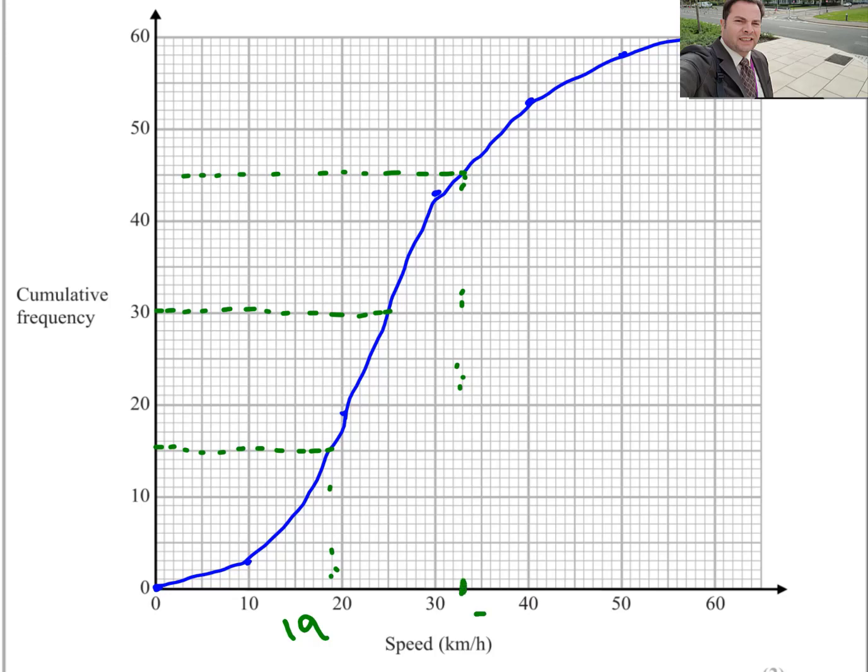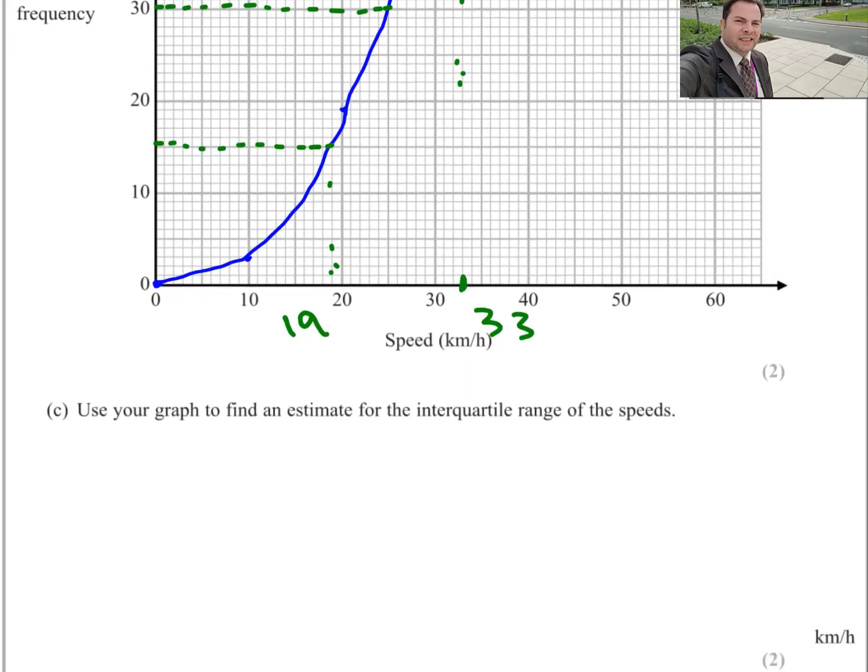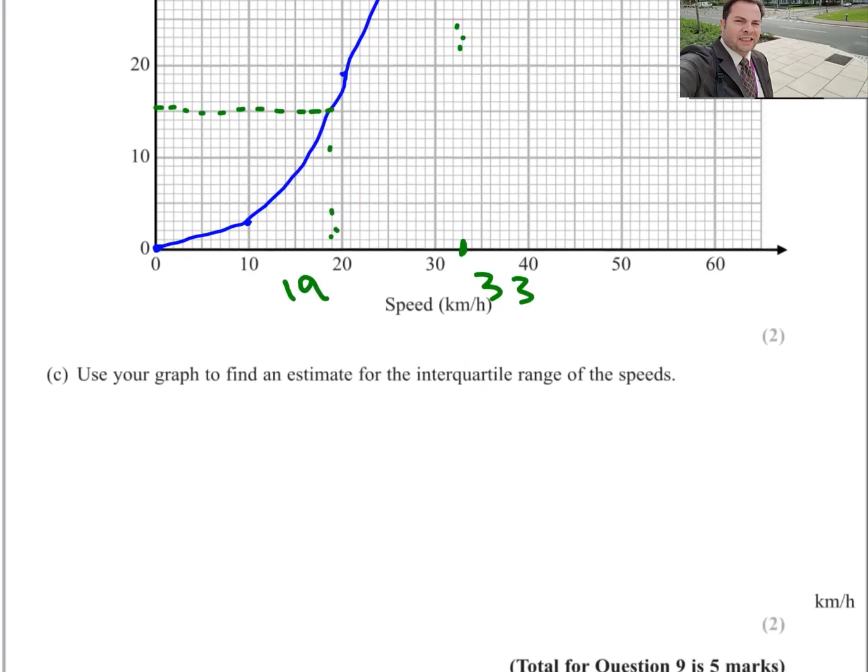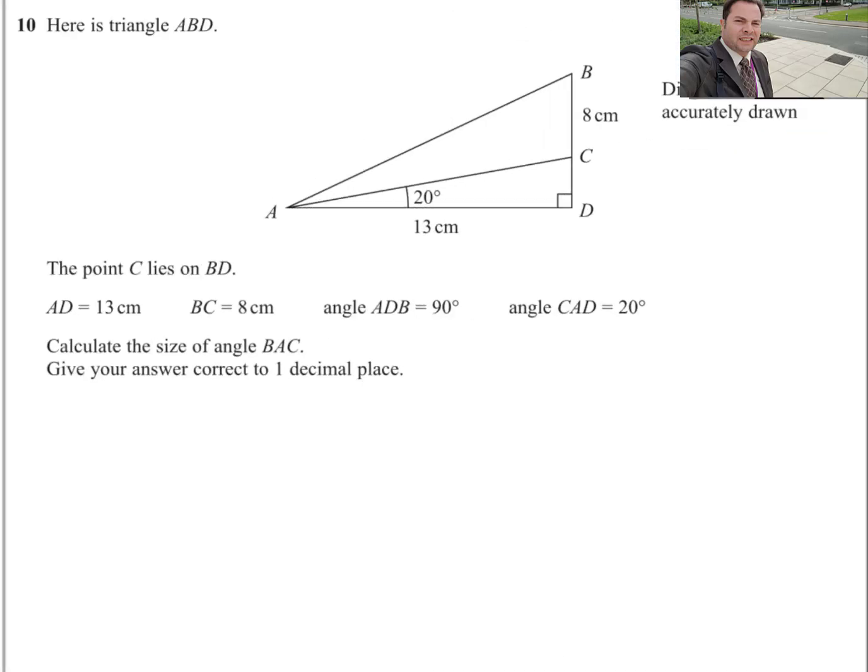I see it here, 33, the upper quartile. So the interquartile range is Q3 minus Q1. The interquartile range is 33 minus 19. So the answer is 14.